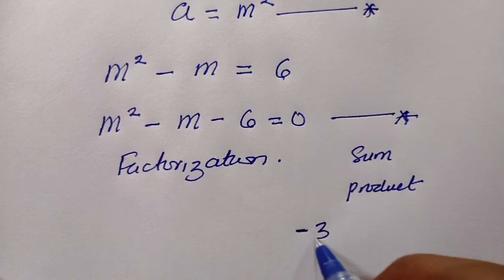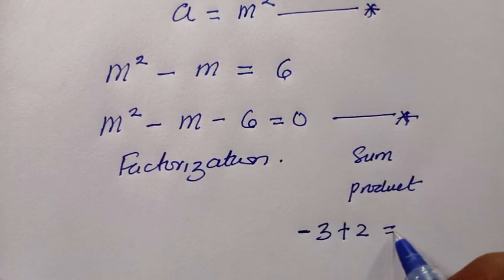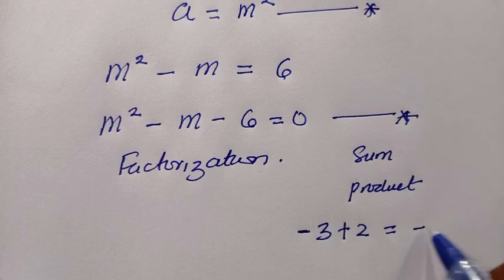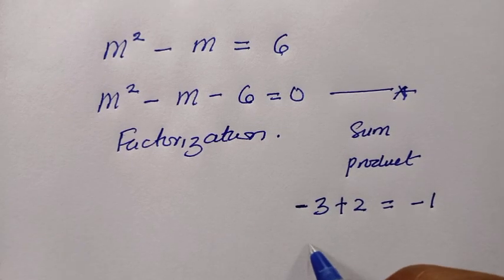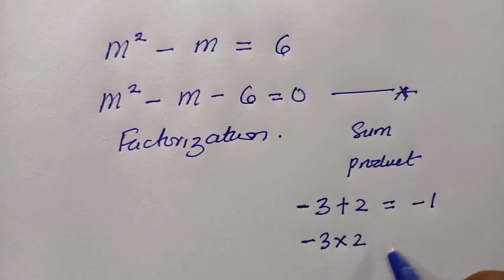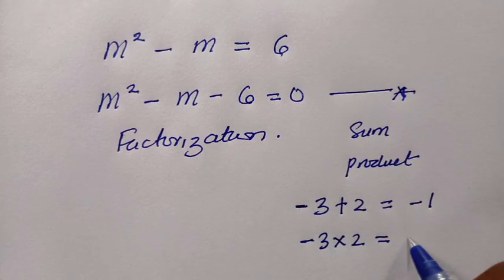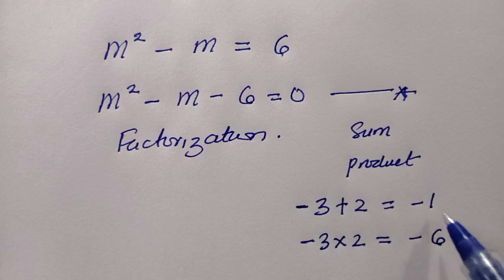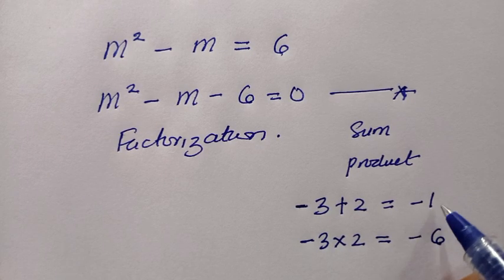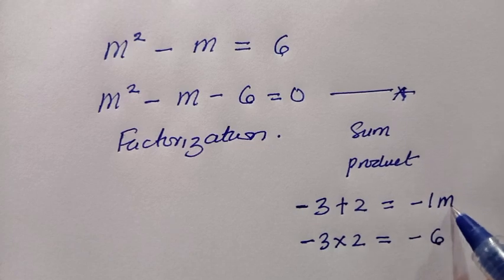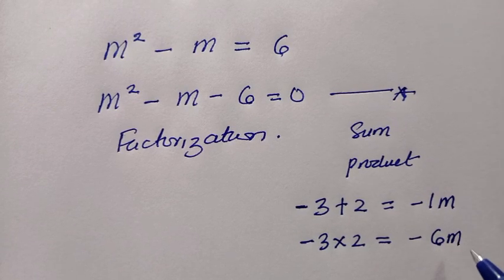Suppose we have minus 3 plus 2, so this equals minus 1. And also, minus 3 multiplied by 2 equals minus 6. And when we now assign the m to it, we can call this one minus 1m, and this one minus 6m.